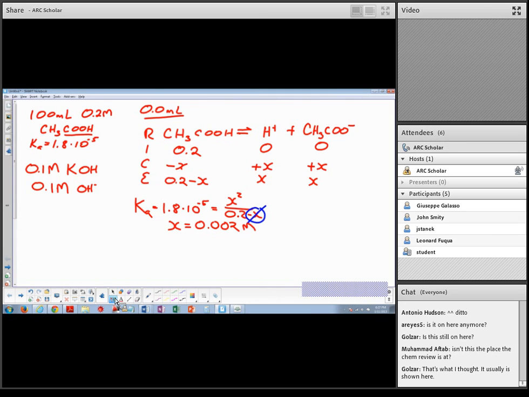Now we need to double check that the assumption we made is valid. If this x value is equal to or less than 5% of the original concentration you started with, that's a valid assumption. So 0.002 over 0.2 times 100, what is that?